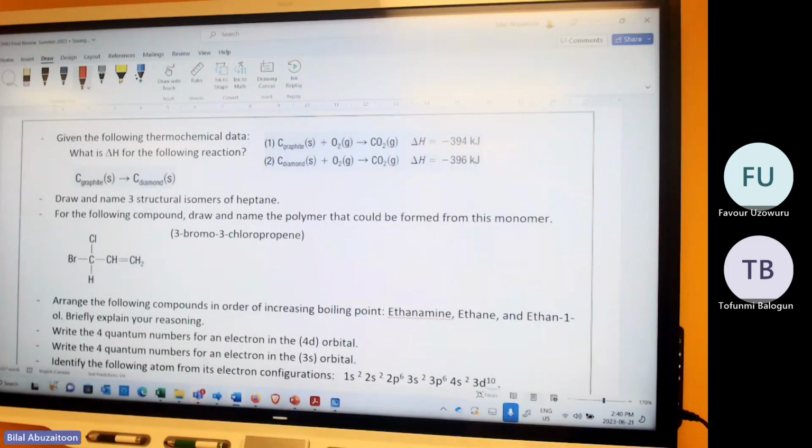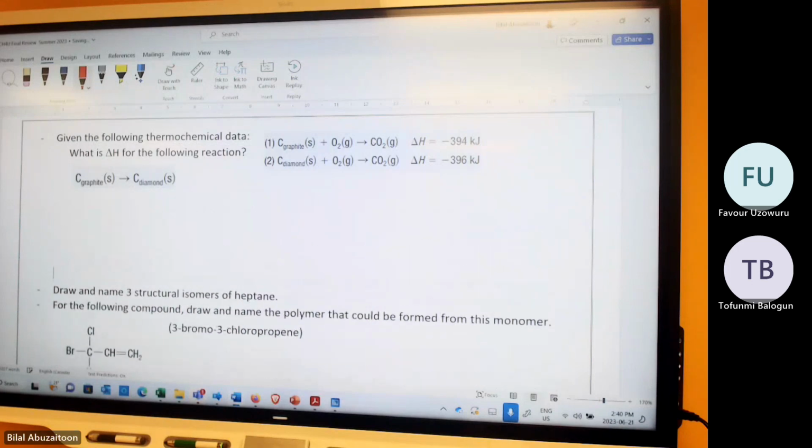What is the delta H for the following reaction? What law is this? Yes, this is Hess's law.